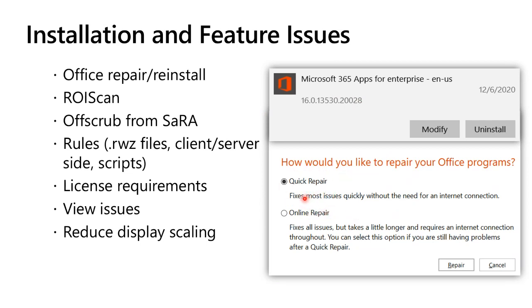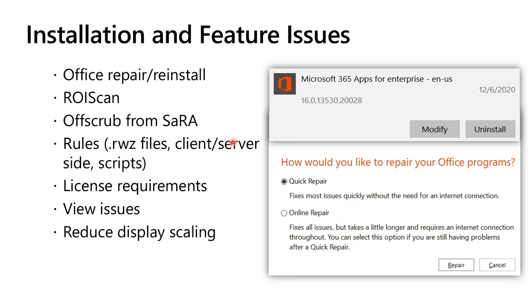Quick repair detects and replaces the corrupted files without the need of an internet connection. On the other hand, online repair does more extensive tasks and takes more time, and it performs some other tasks that quick repair doesn't do.